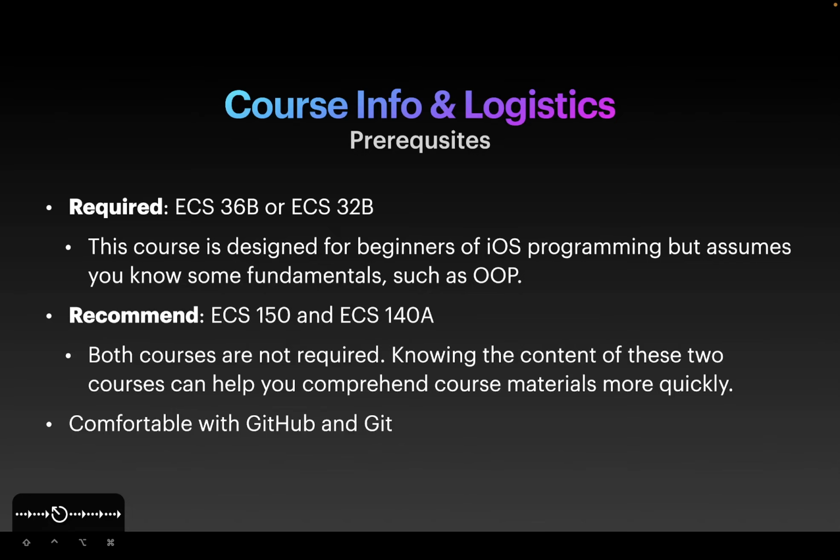ECS 150 and ECS 140A, which correspond to operating systems and programming languages, are also recommended. But it's okay if you don't know these concepts; if you do, it's gonna help you comprehend the course materials more quickly. And also, you have to be comfortable with GitHub and Git.